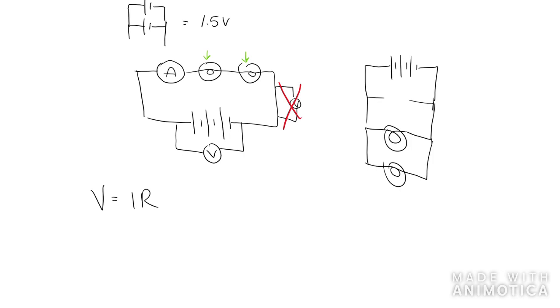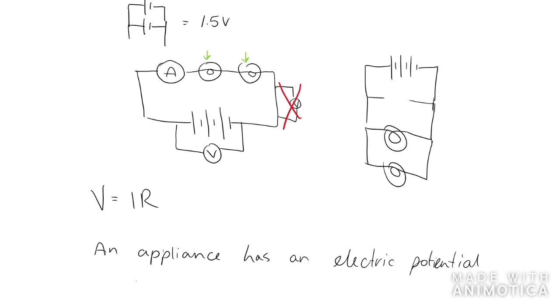So for V equals IR, you could be given something like: an appliance has an electric potential difference of 12 volts and a resistance of 6 ohms.